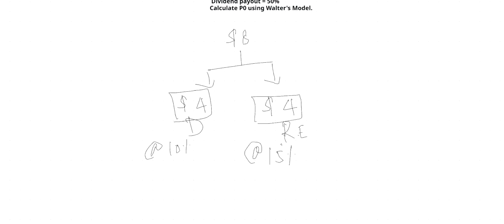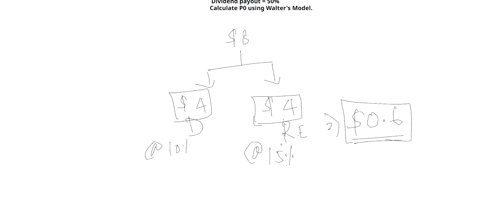Now, for example, let's say the company is investing this $4 at 15%. So what will be the income generated by the company at the end of the year? It will be 15% of 4. How many dollars? It will be $0.6. So the company can generate an income of $0.6 by reinvesting this $4.